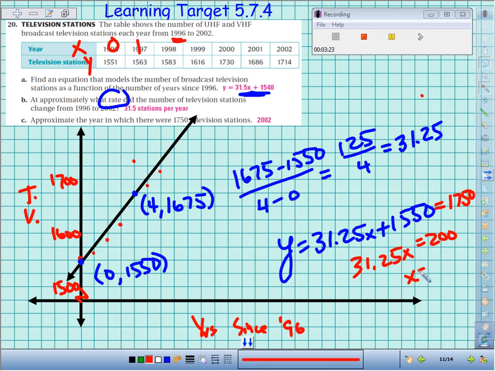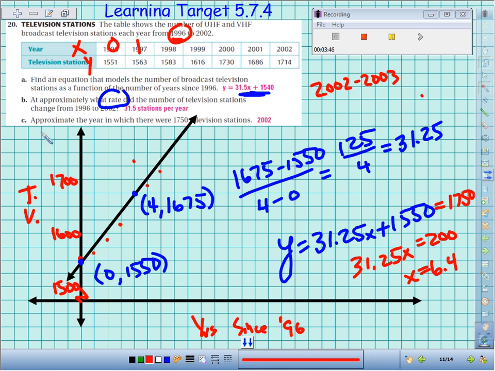Divide by 31.25, and we get 6.4. Doesn't mean in the year 6.4 there were 1,750 stations. It means 6.4 years after the study began, which was in 1996, so about 2002 to 2003 is when we would expect there to be 1,750 TV stations.